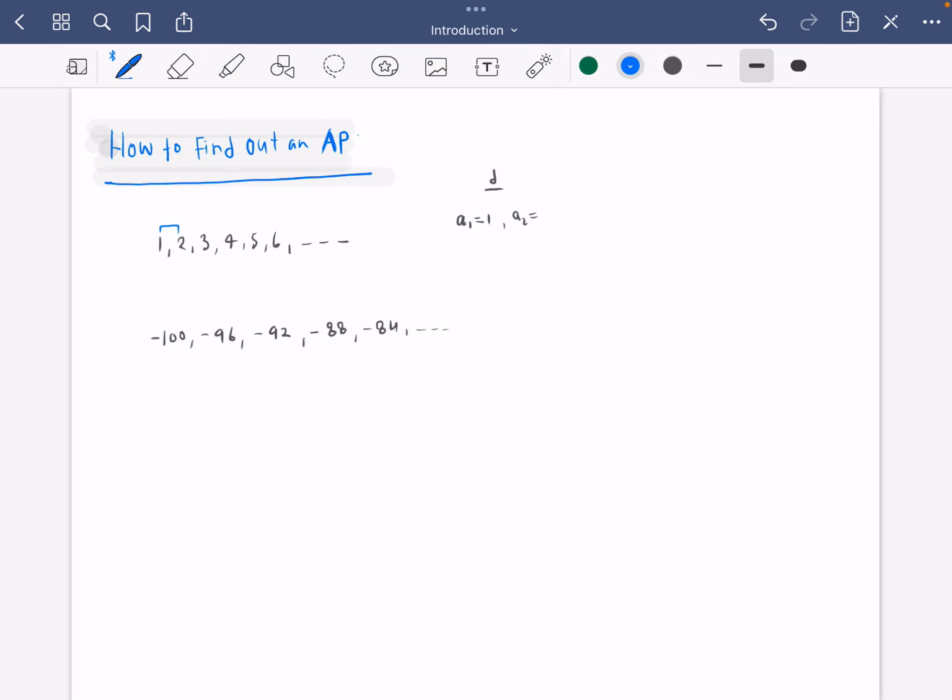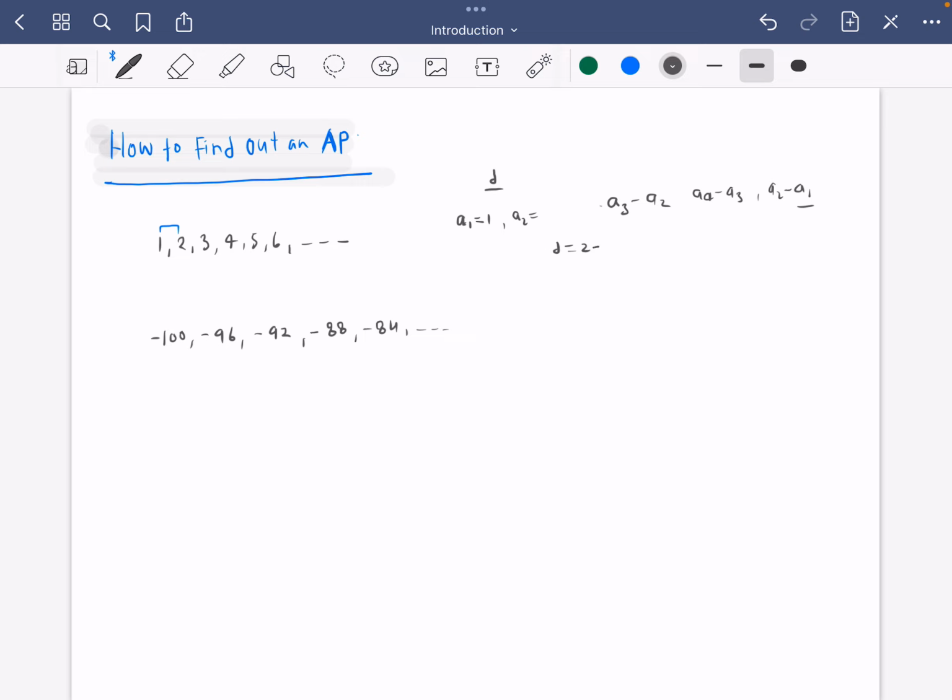Here it's 2 minus 1, and you have to remember that you are always going to subtract a term which is lower in sequence from a term higher in sequence. So A3 minus A2, A4 minus A3, A2 minus A1, like this. So we are going to subtract 1 from 2 to find the difference.